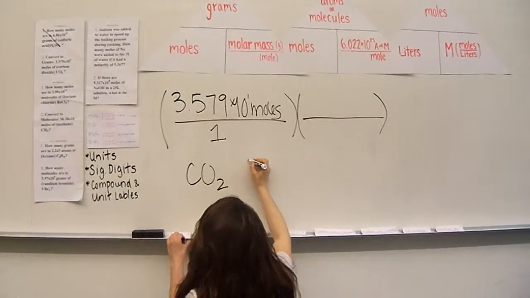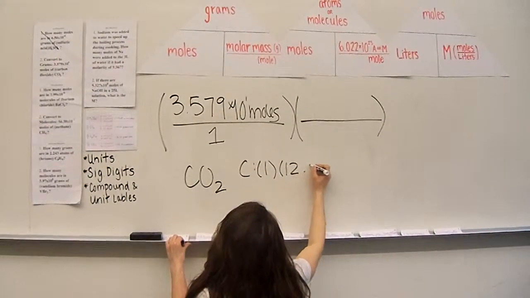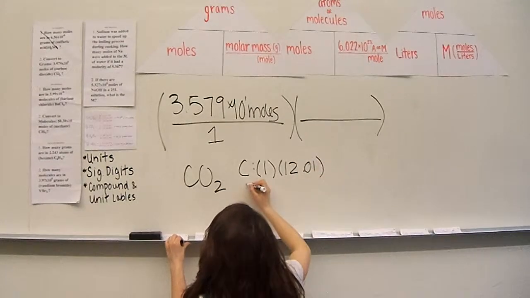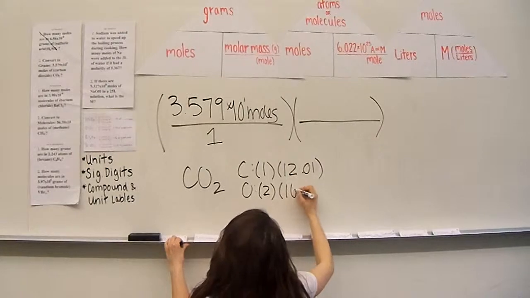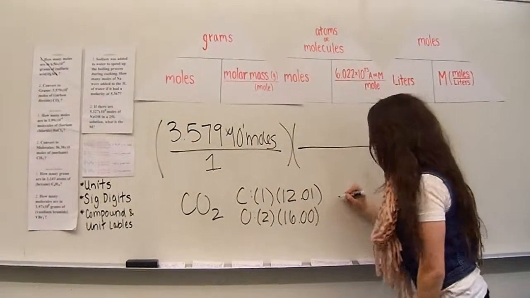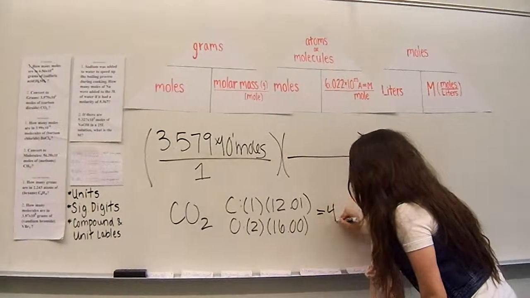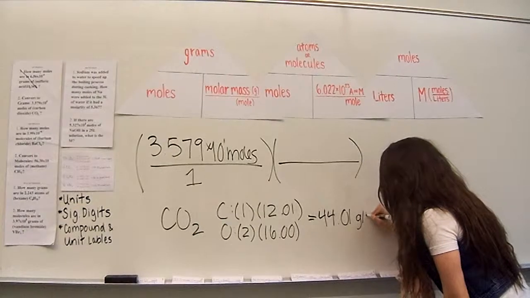In CO2, we have 1 part carbon, whose atomic weight is 12.01, and then we have 2 parts oxygen, with its atomic weight being 16.00. That combines to 44.01 grams per mole.